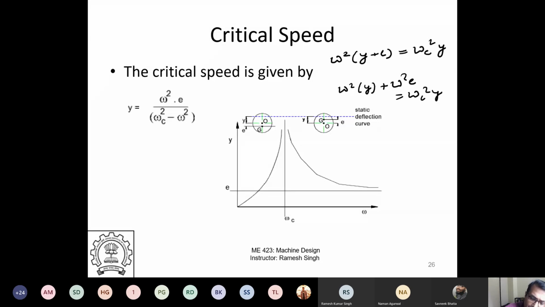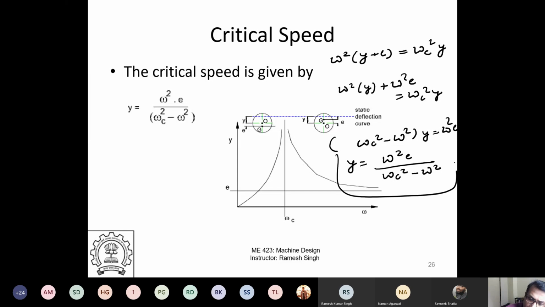Let's go ahead and do this. So I'll get (omega c square minus omega square) y is equal to omega square times eccentricity. So if I want to find the deflection, deflection will be omega square e over (omega c square minus omega square). So this will be the deflection.